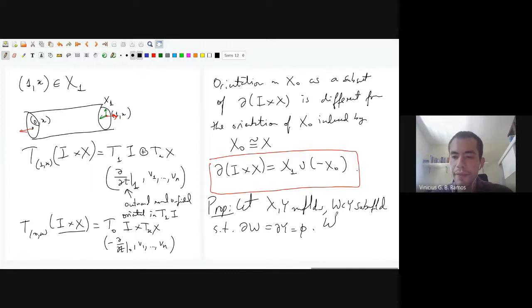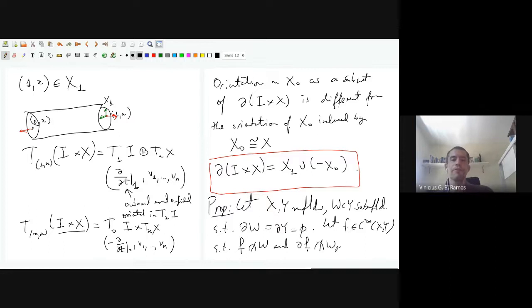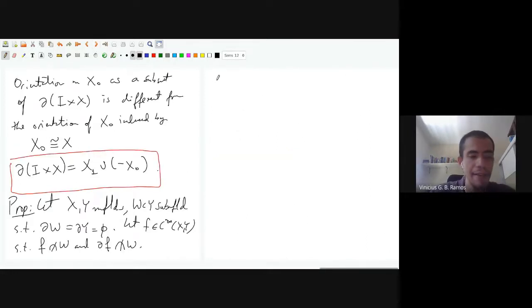And let f be a smooth function which is transverse to w, and such that the boundary of f is also transverse to w. That's the condition that we wanted to say that the pre-image was a nicely behaved submanifold.